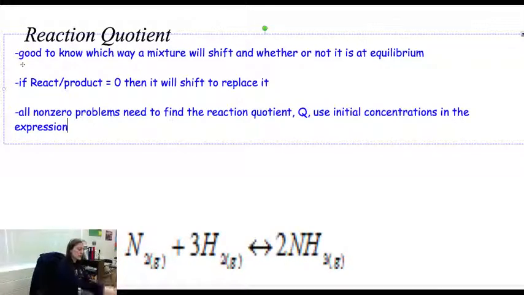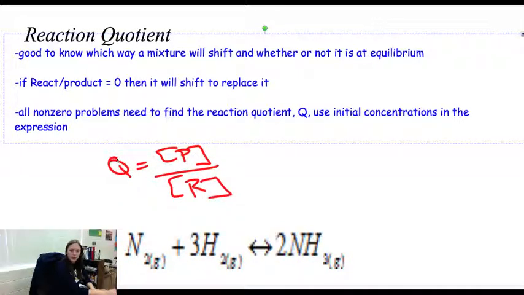It looks just like an equilibrium expression, except it's a Q. Q is equal to the concentration of my products over my reactants, but they are my initials. So if these two are 0, then we're going to look at, it'll shift to replace that, whichever one. But if they're not 0, then we have to look at what our K is. And again, we're using initial concentrations.